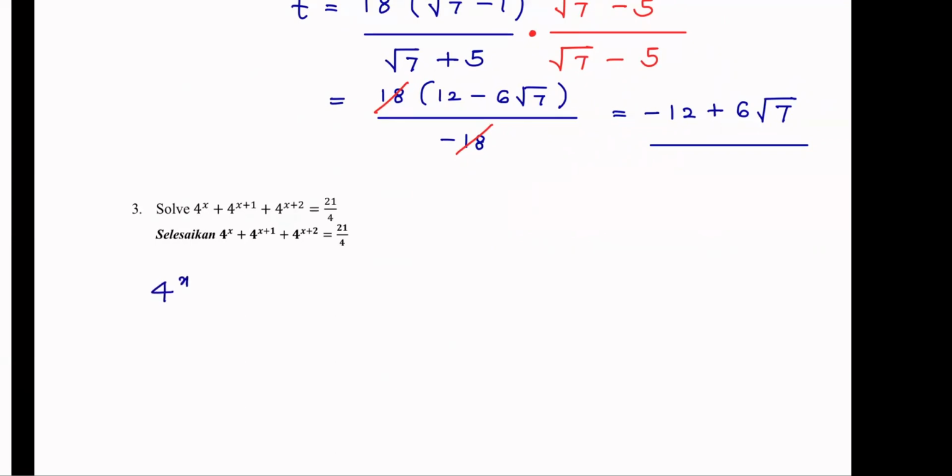Okay, tengok ni. 4x tambah 4x darab 4 1, tambah 4x darab 4 square, 21/4. Nampak saya sudah pecah semua. You tengok tu, you tengok betul tu. So ini memang tak ada apalah. Ini satu. So this one, see, I already pecah dia, kan?